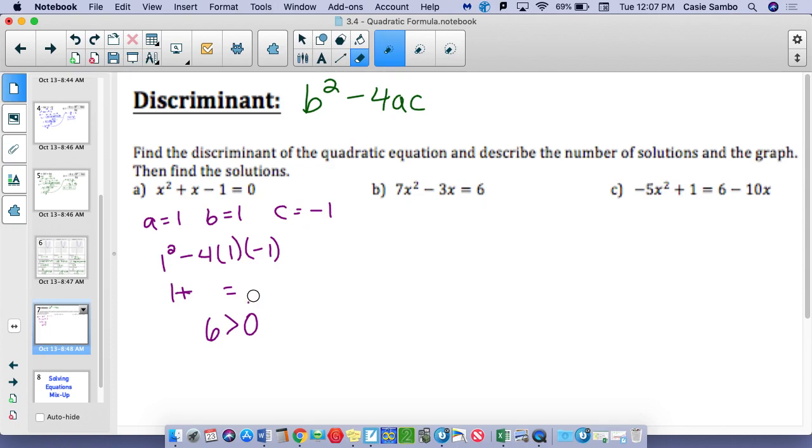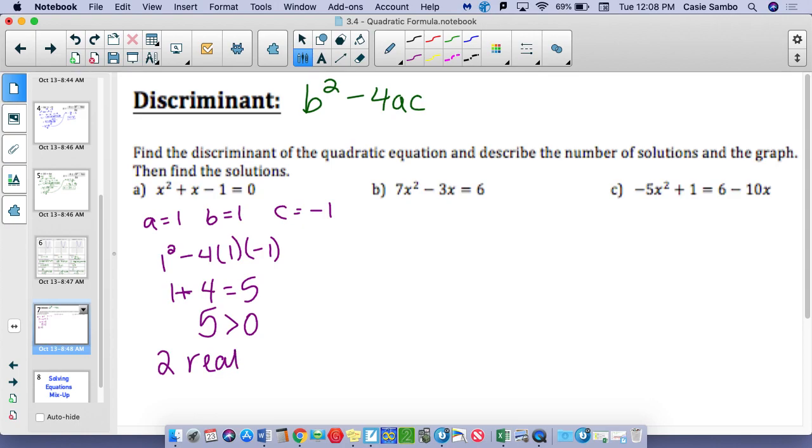That should be a 4, and that should be a 5. There we go, that makes more sense. 5 is greater than 0, so we have 2 real solutions and 2 x-intercepts.